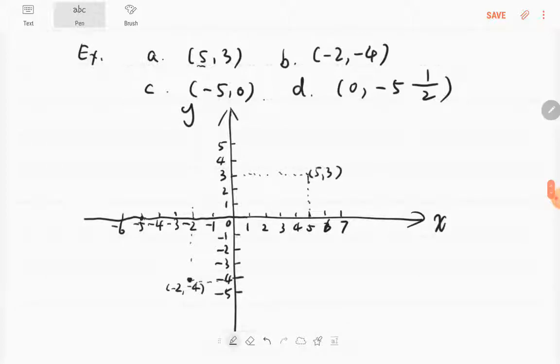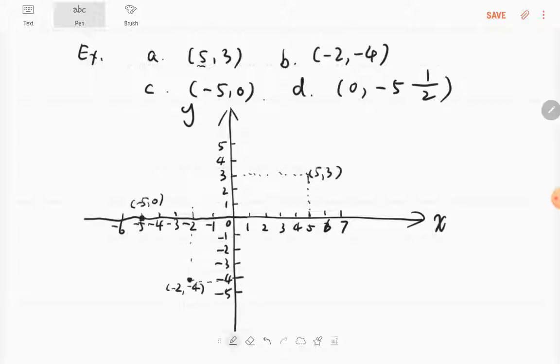So it's here. Because the value for the y-axis is 0, this point is right on the x-axis.